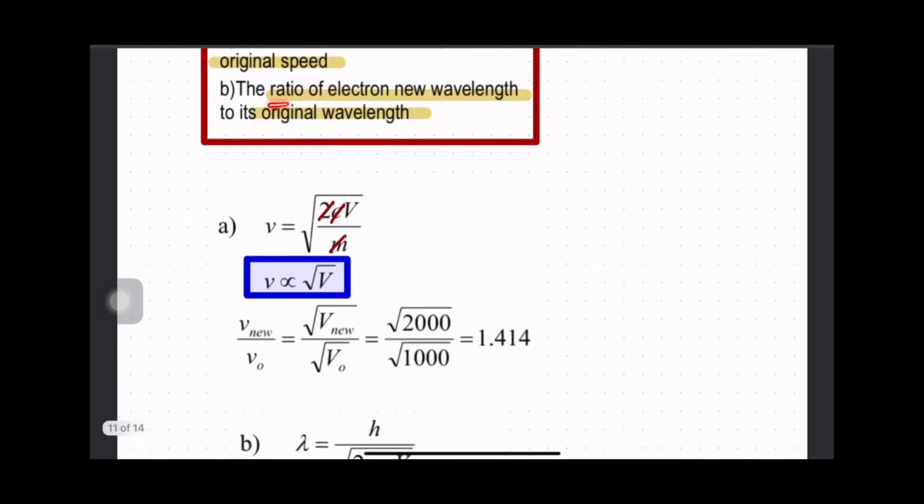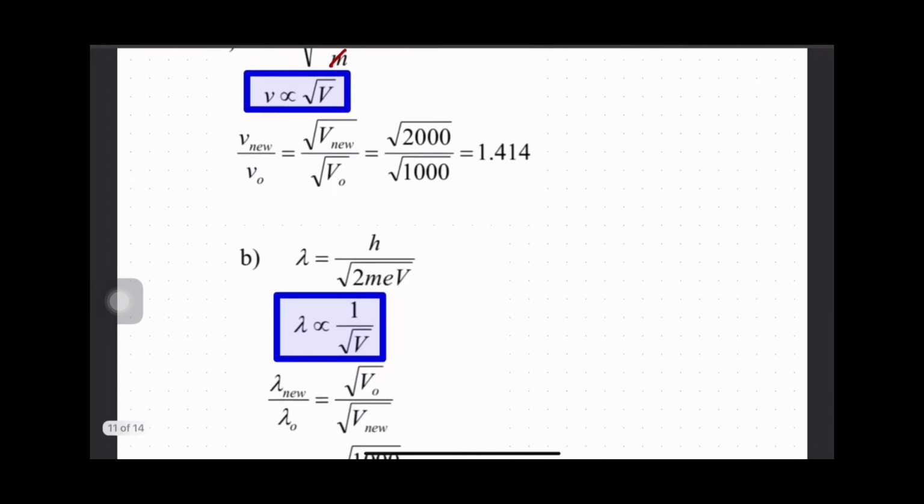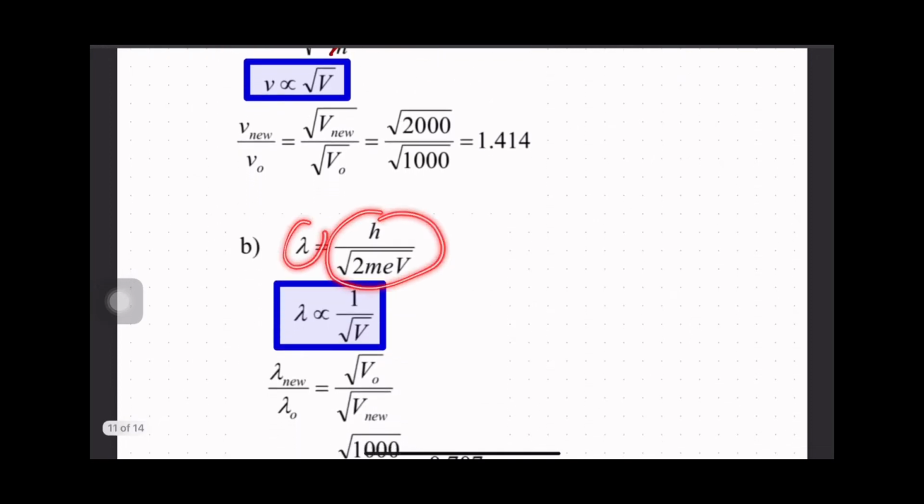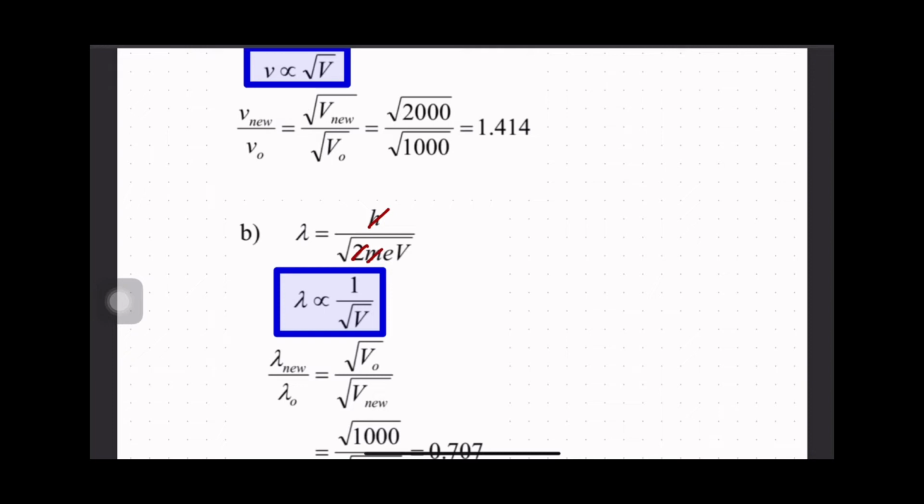And next dia kata the ratio of the electron's new wavelength to its original wavelength. Dia nak wavelength pula. Okay, so kaitkan wavelength dengan potential difference. Okay, so wavelength dengan potential difference kita akan guna formula ni. So yang lain semua constant, potong. So tinggallah wavelength, relation dia adalah wavelength is directly proportional dengan 1 over square root of potential difference. So kita consider dia wavelength is inversely proportional to the square root of V. Nampak inversely proportional sebab dia duduk kat bawah.